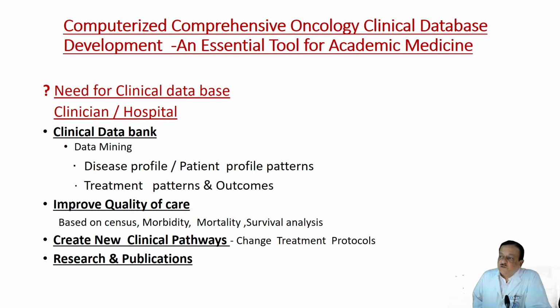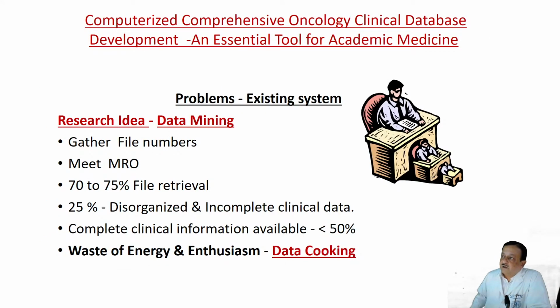All these things will lead to improved quality of care based on the census, morbidity, mortality, and survival analysis. You can do various sorts of analysis and create new clinical pathways. And last but not the least, our mandate is research and publications. For AIIMS, these two are among the major mandates for all clinicians.